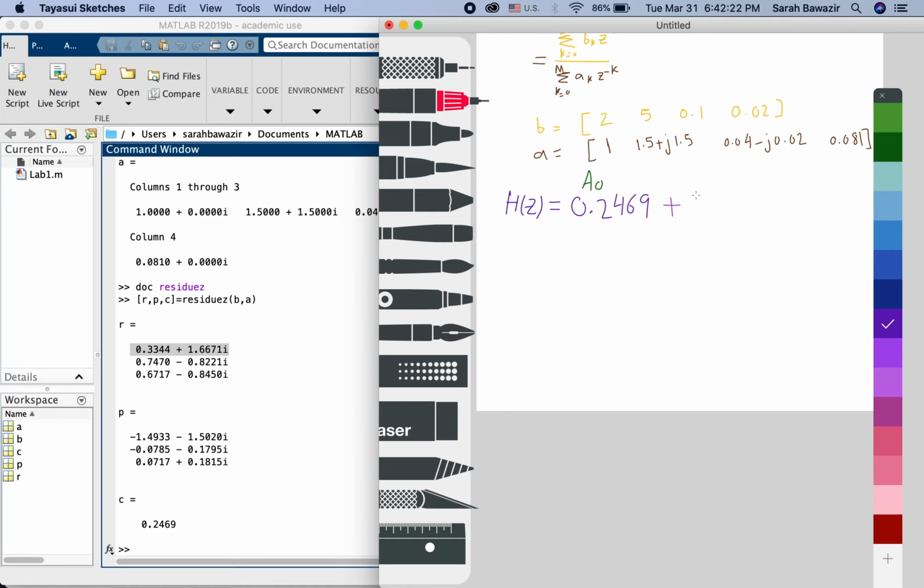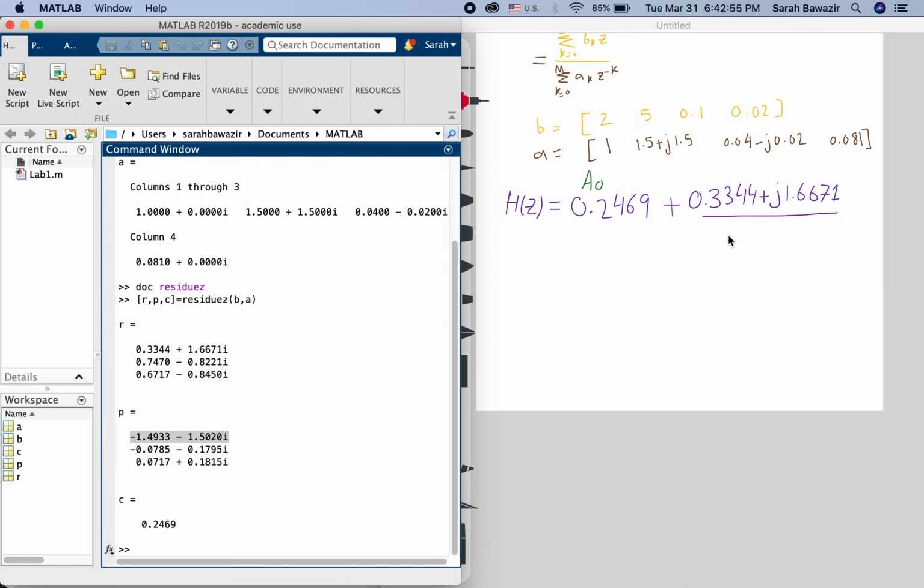So it's going to be 0.3344 plus j1.6671 over, this is the pole, so here in the denominator it will be 1 minus the pole.